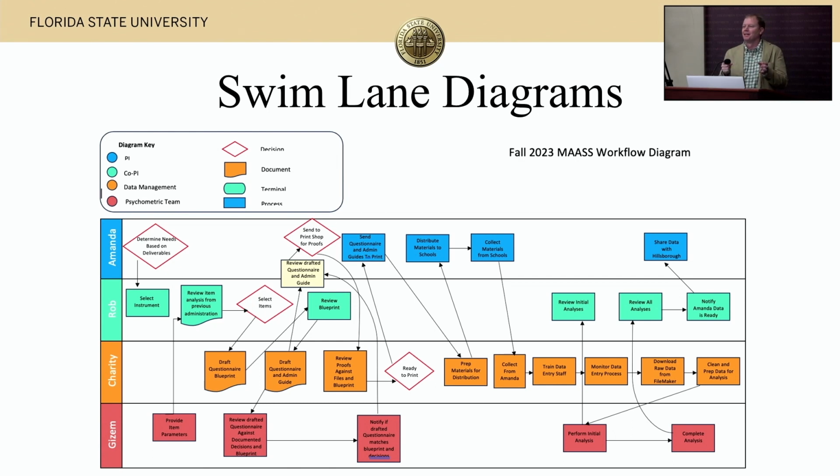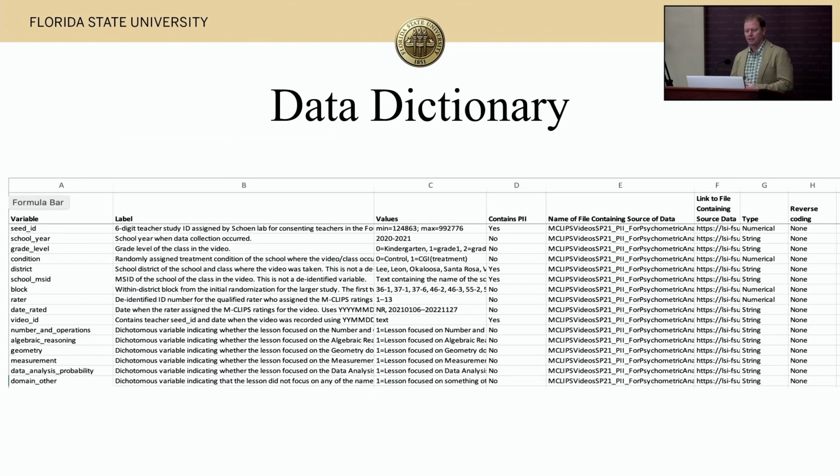It really helps us all see how we're interdependent on each other, and that we all fit into this big picture somewhere. I think this does better than a linear workflow diagram, even if it's labeled with names. I think this really helps everybody to see how it works. So swim lane diagrams, get to know them if you're working on a team.